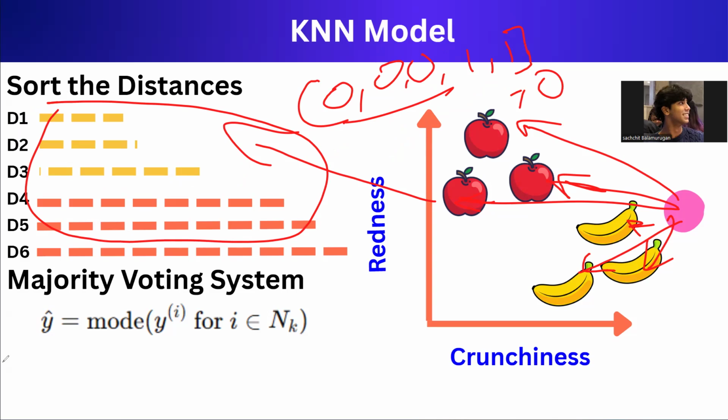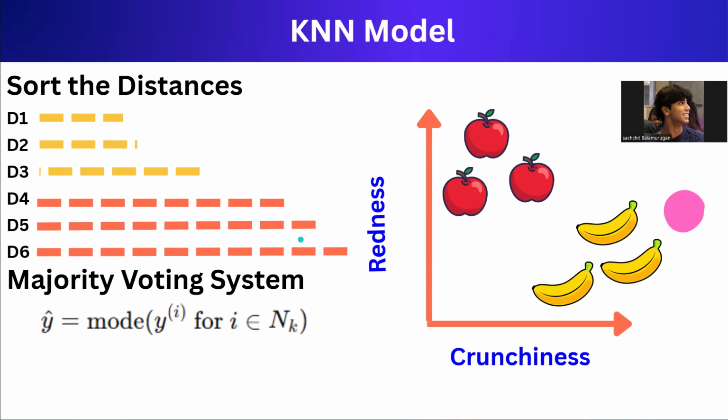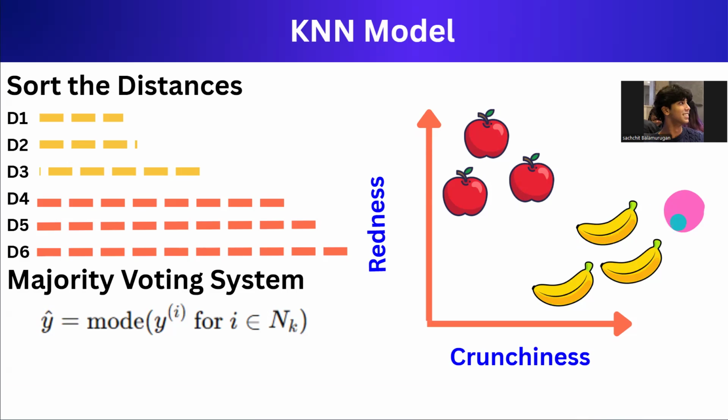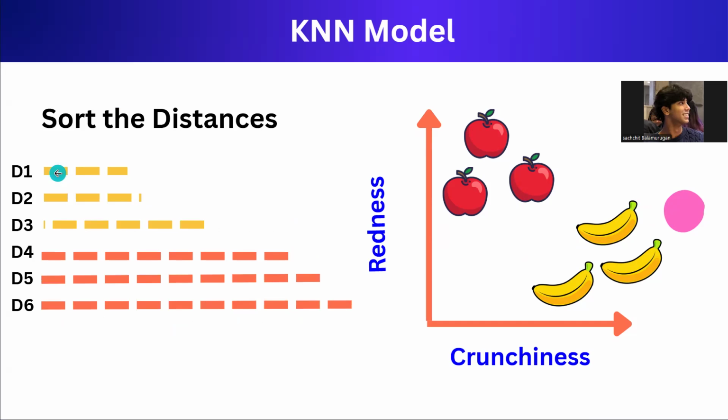So KNN believes in this formula that data points are closer to the classes that they represent, right? So in this case, we're using crunchiness and redness to see which data point it's closer to, and it makes a prediction on that. That's how it works in a really fast way, I guess.